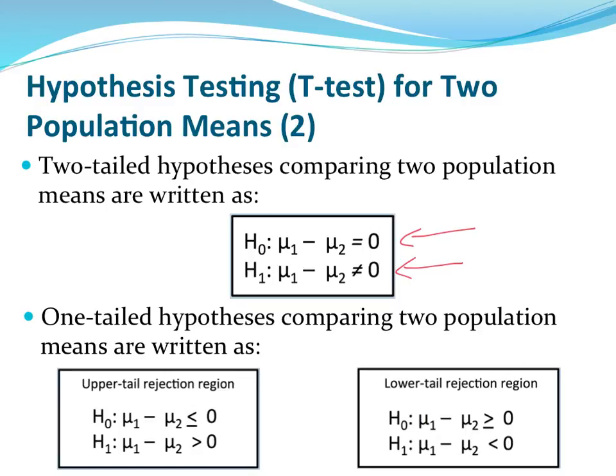One-tailed two independent samples t-tests with an upper tail rejection region have a null hypothesis of mu1 minus mu2 is less than or equal to 0, and an alternative hypothesis of mu1 minus mu2 is greater than 0. One-tailed two independent samples t-tests with a lower-tailed rejection region have a null hypothesis of mu1 minus mu2 is greater than or equal to 0, and an alternative hypothesis of mu1 minus mu2 is less than 0.